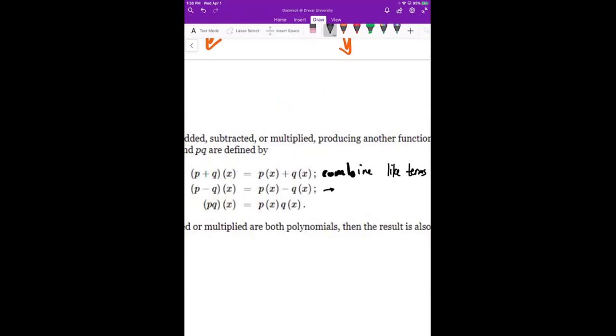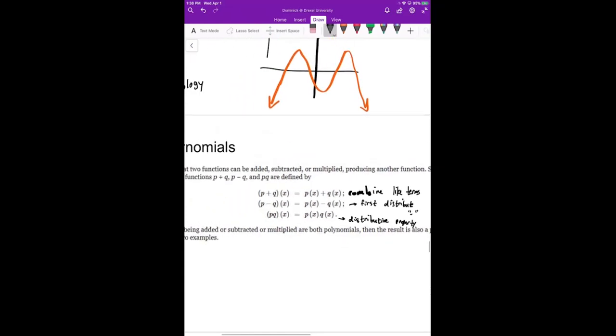And this is where you combine like terms, but first you distribute the negative. And if you multiply, that's when you would use your distributive property. And when you do any of these things, you still have something that remains a polynomial.